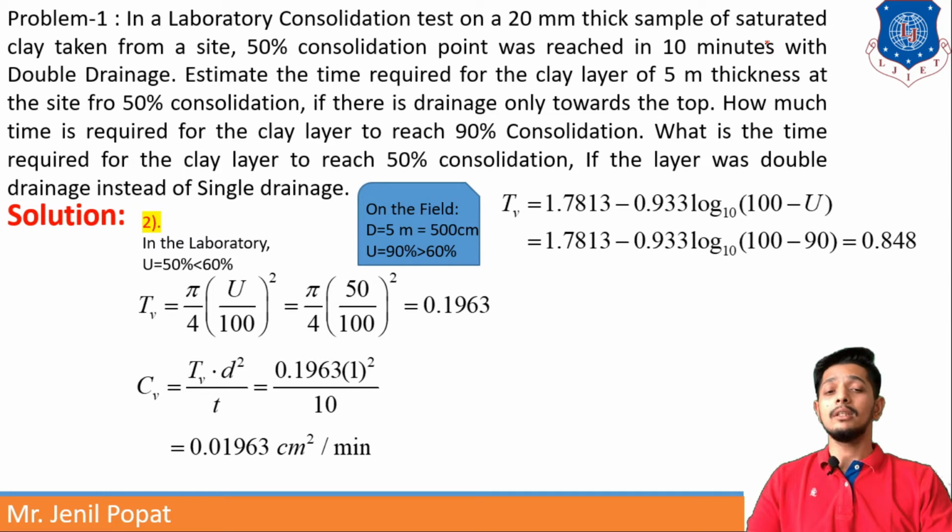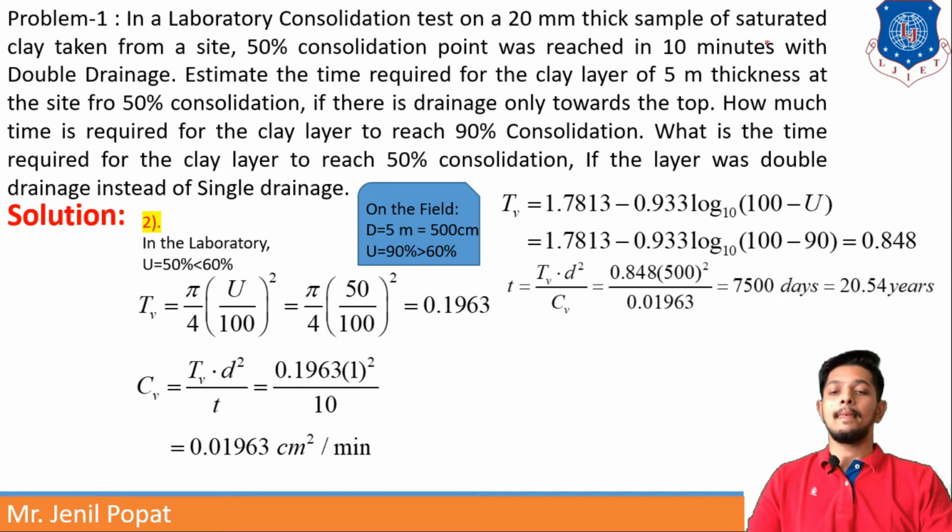Now Tv is 0.848 according to that. Now I have Tv, I know Cv, and D is given, so I can find the time required, small t. Putting all the values in the equation, the time required comes out as 20.54 years. This is the partial solution of item number 2.